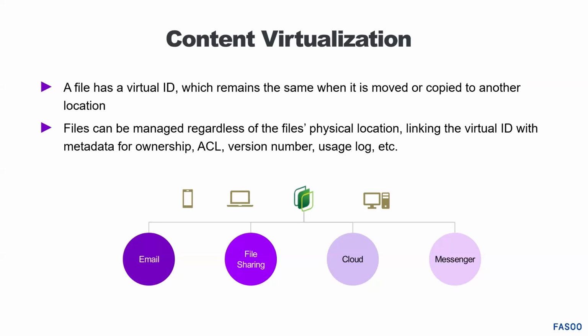The other key thing about the virtual ID is it is location agnostic. And so part of the importance of tracking your data is you don't want to worry about where it goes.